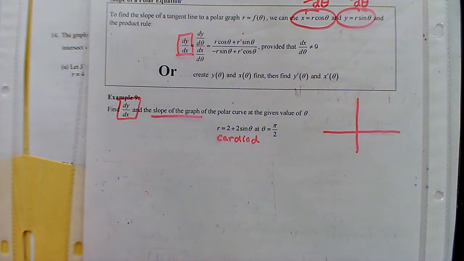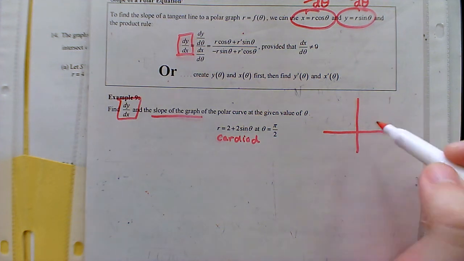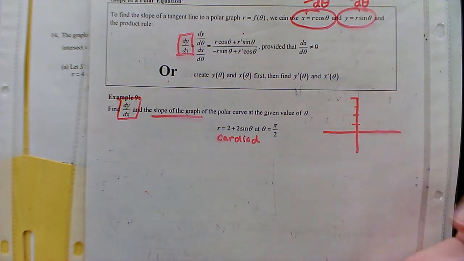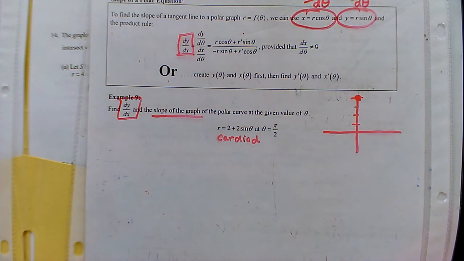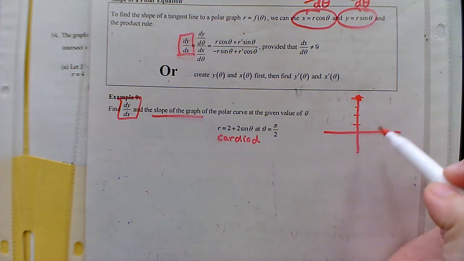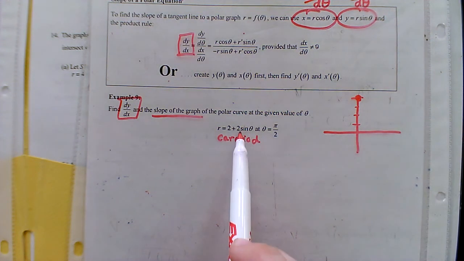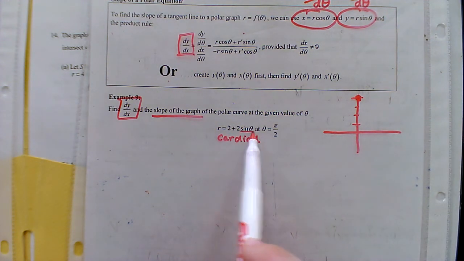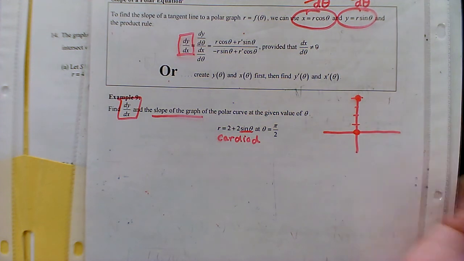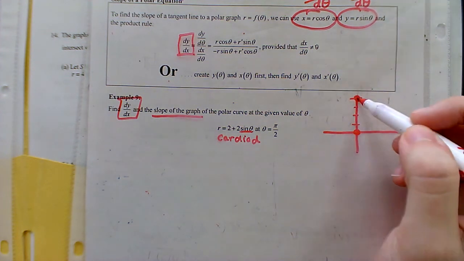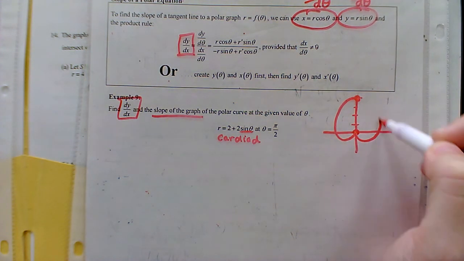Can you find it? Up 4. Okay. Upside down heart. Okay, so it's up 4 on the y-axis, because if you do 2 plus 2, you get 4, and sine represents a y value, so you're on the y-axis. If you do 2 minus 2, you get 0, so the other side of that heart is at the pole or the origin, so we are going to have that upside down heart shape.